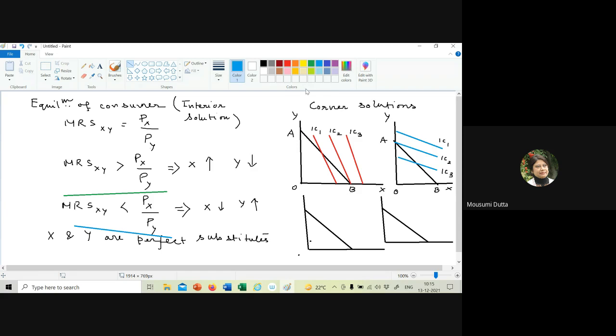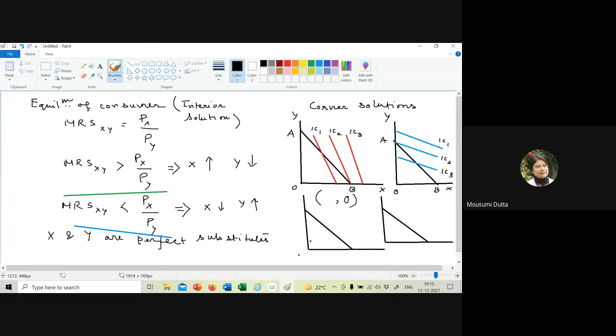So what is the solution here? How much X is the consumer consuming in the first case? OB.